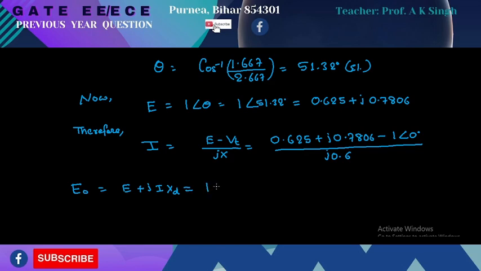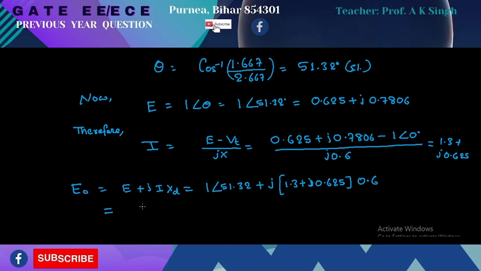This is nothing but E, which is 1 at an angle 51.32, plus j times 1.3 plus j0.625 per unit, multiplied by the value of Xd, which is 1.0.